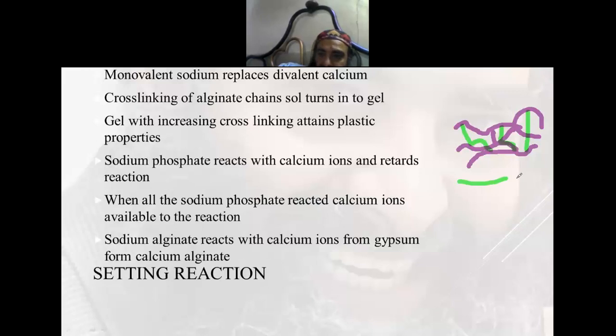If these are present like this, then it is a sol form.